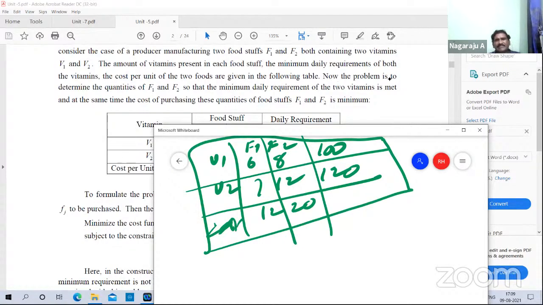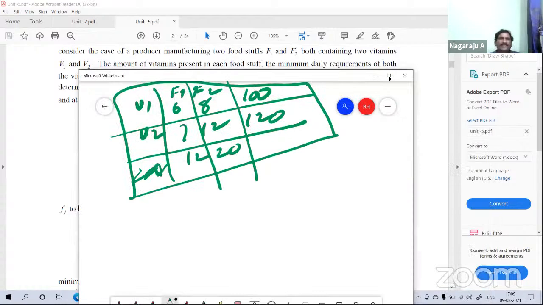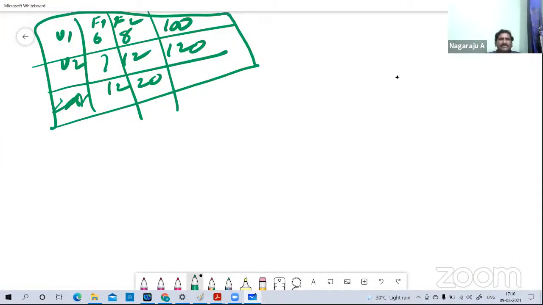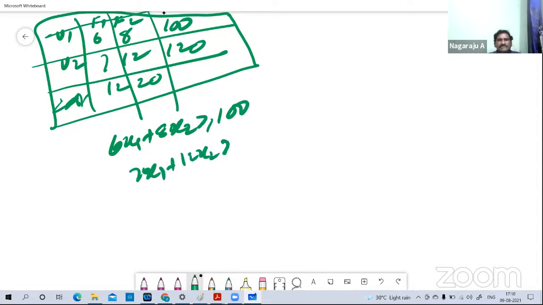In this given problem, the linear programming problem, we can write it by introducing the variables. 6x1 plus 8x2 greater than or equal to 100 is one constraint, and 7x1 plus 12x2 greater than or equal to 120. The restrictions are x1 comma x2 greater than or equal to 0.